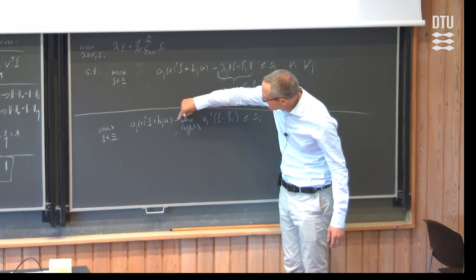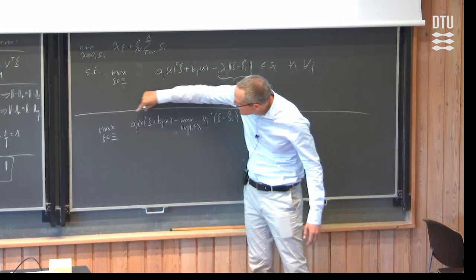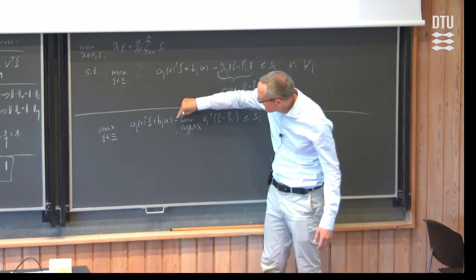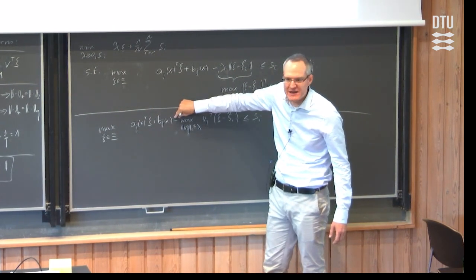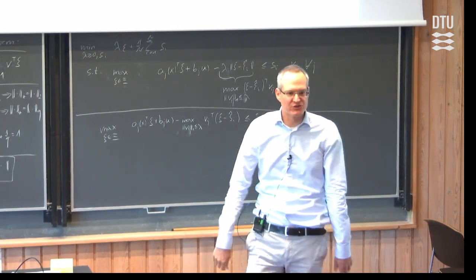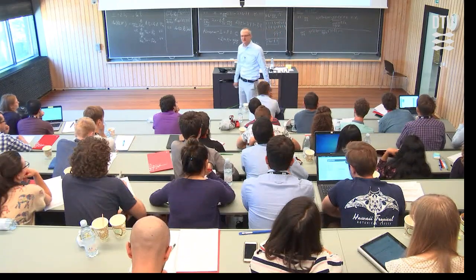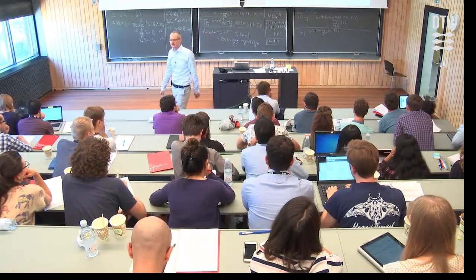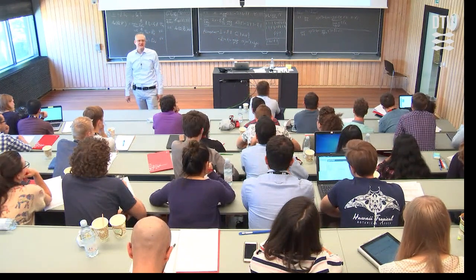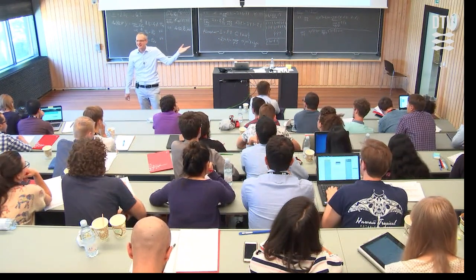This is a minus in front of a max. I would like to move this max outside here, but because I change it with a minus, it becomes a min. Right? That's something that you also learn in linear programming class usually. Minimizing c transpose x is the same as maximizing minus c transpose x, if you multiply the result at the end by minus 1 again.